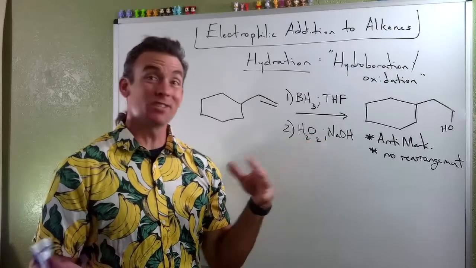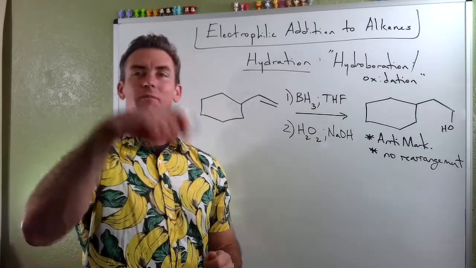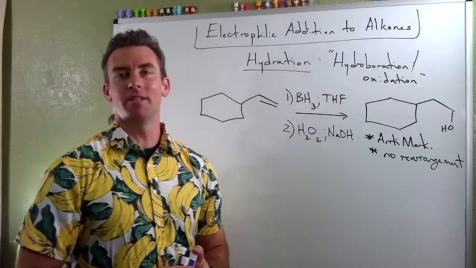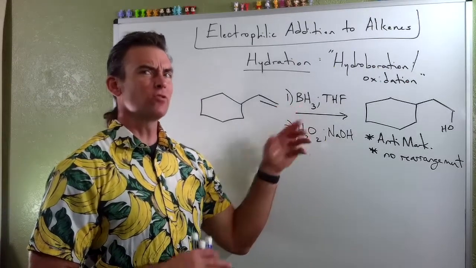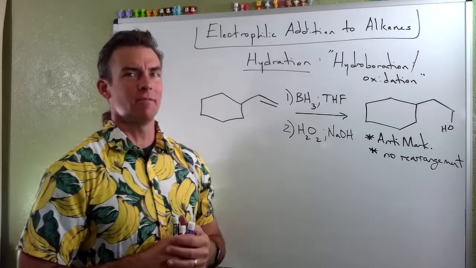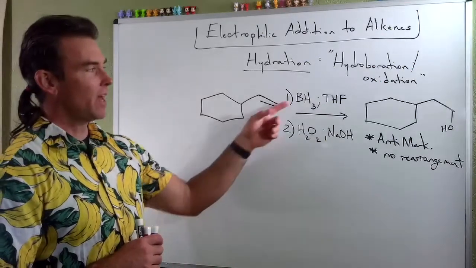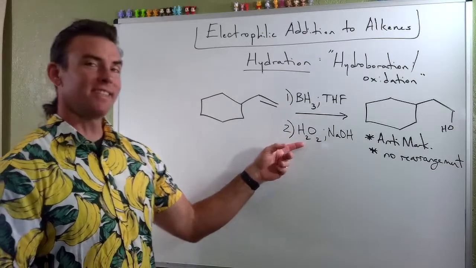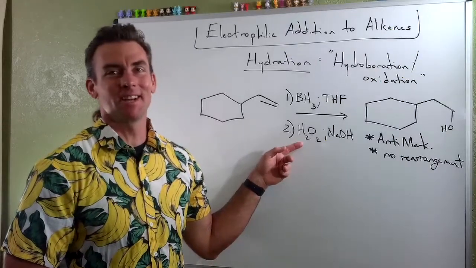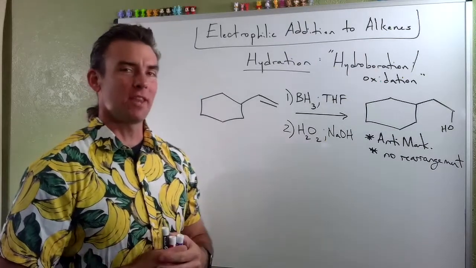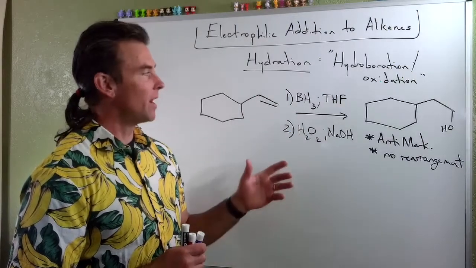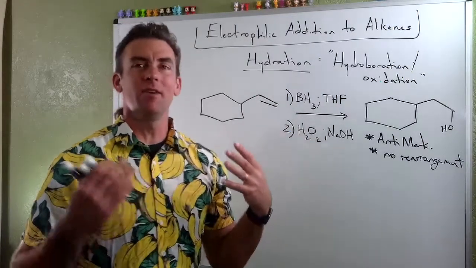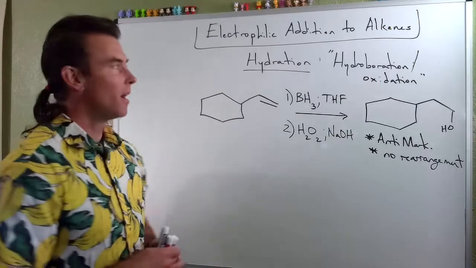In any way, just like we saw mercury before, there should be a little red flag that goes up to recognize that when boron is around, there's some sort of anti-Markovnikov addition. And the second step here is an oxidation, relative to last time, it was a reduction. We don't really care about that too much. This is just something that's really good to put on a note card. It turns out this proceeds with high yield and is really, really useful.